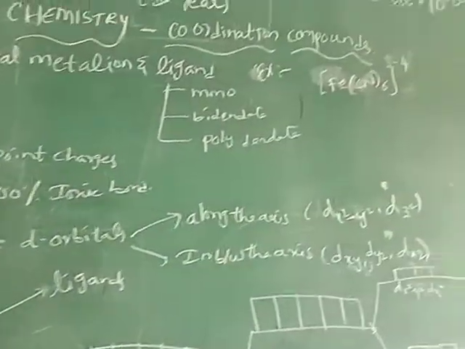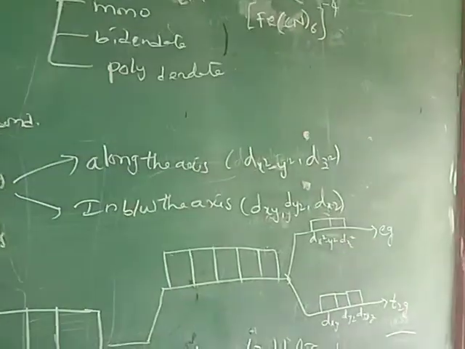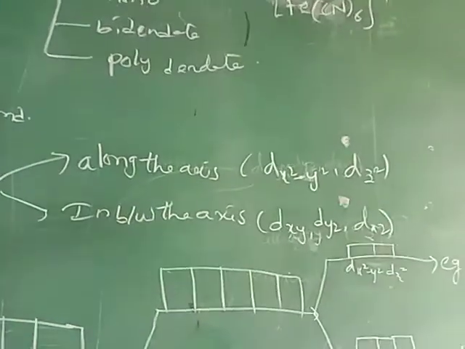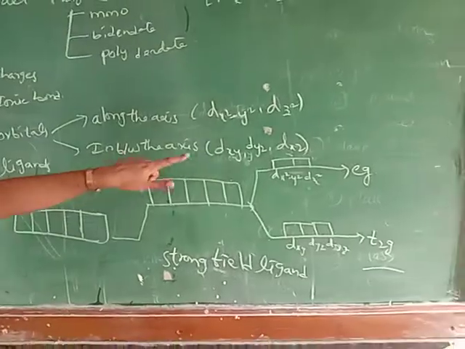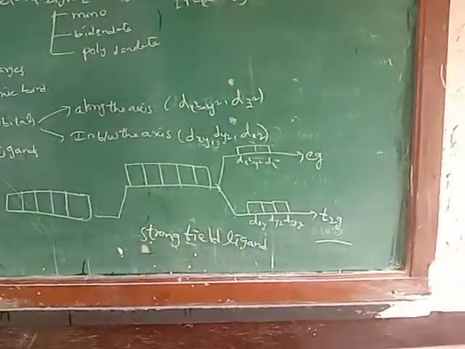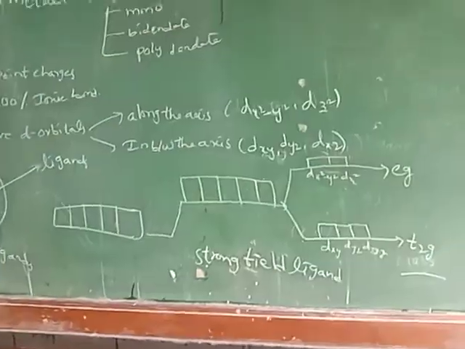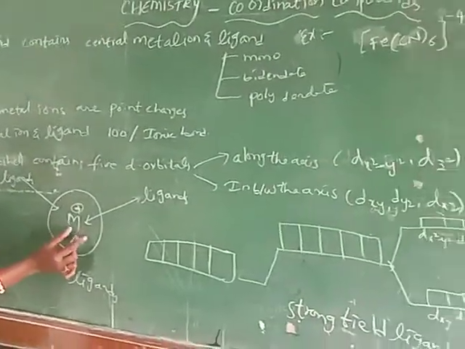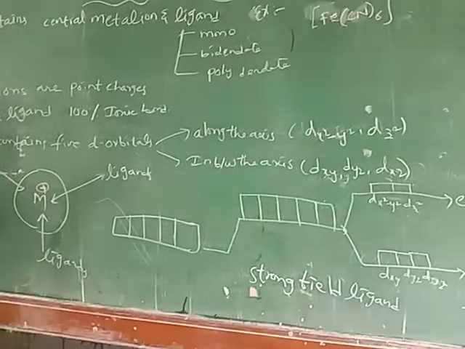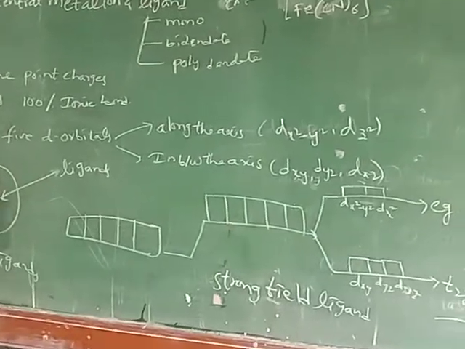Along the axis, two orbitals are there: dx square minus y square and dz square. The three orbitals in between the axis are dxy, dyz and dxz. So now, here the central metal ion, the ligands are approaching closely.